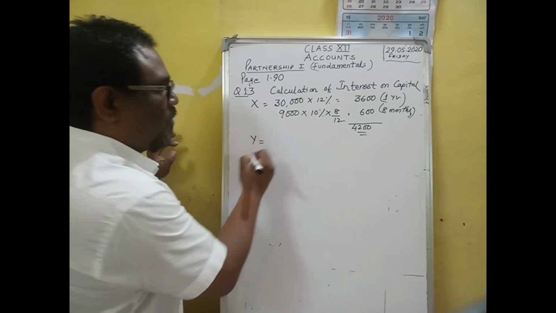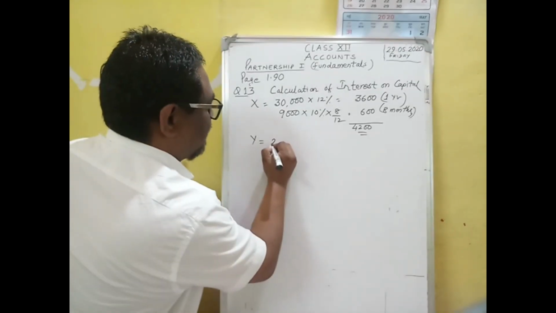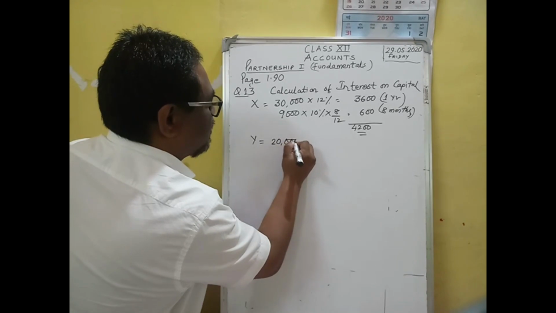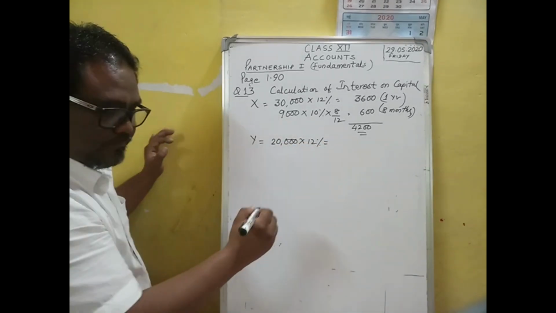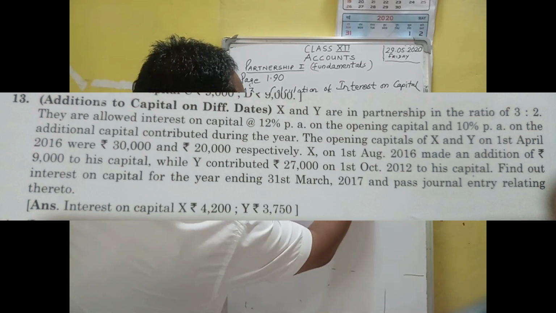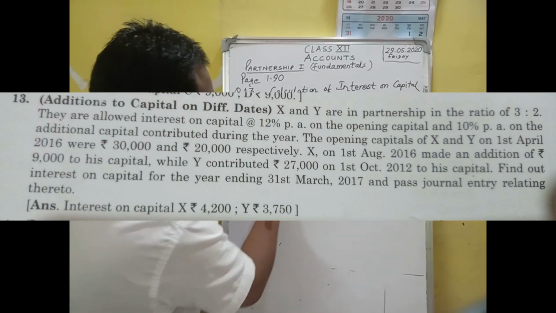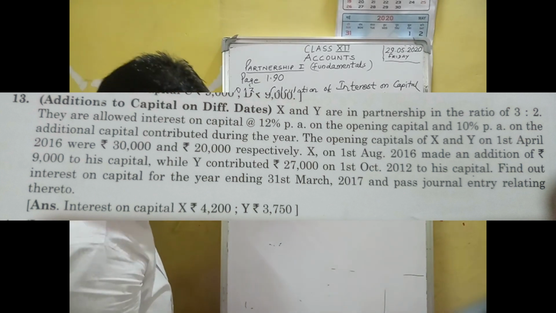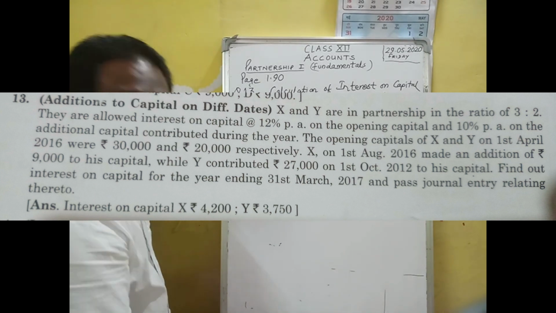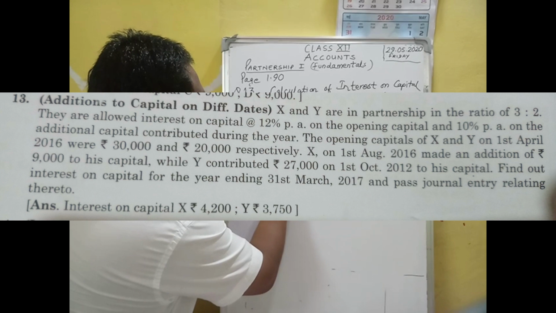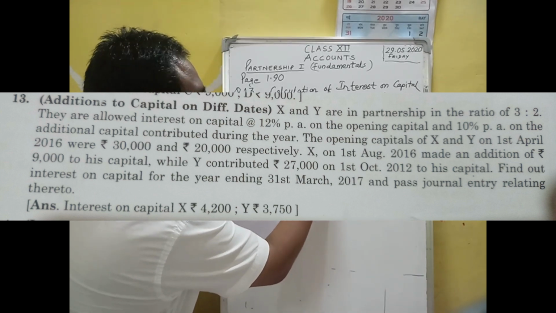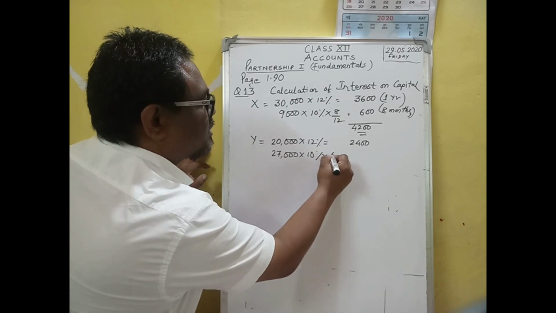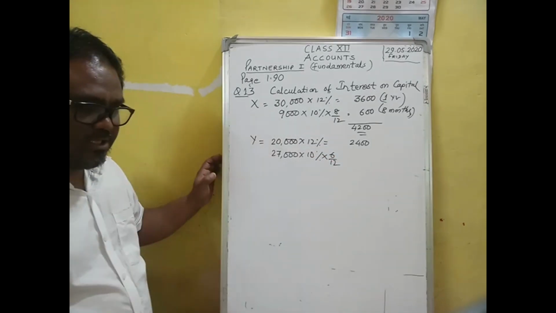Similarly, Y. Y's opening capital is 20,000 into rate of interest 12%, that will come to 2,400. And Y has got additional capital of 27,000 on 1st October. Rate of interest is 10% into 6 by 12, that is for 6 months.